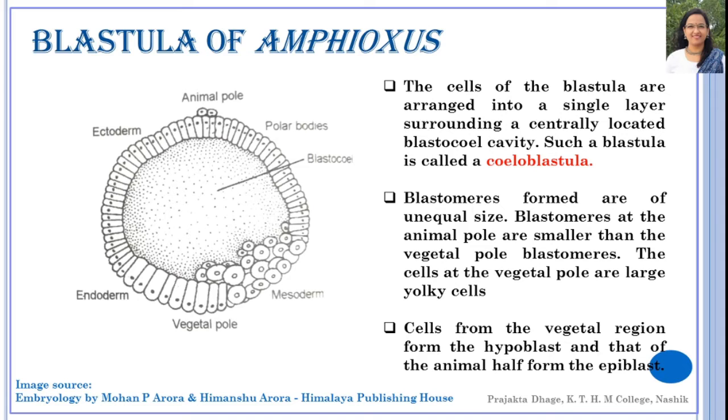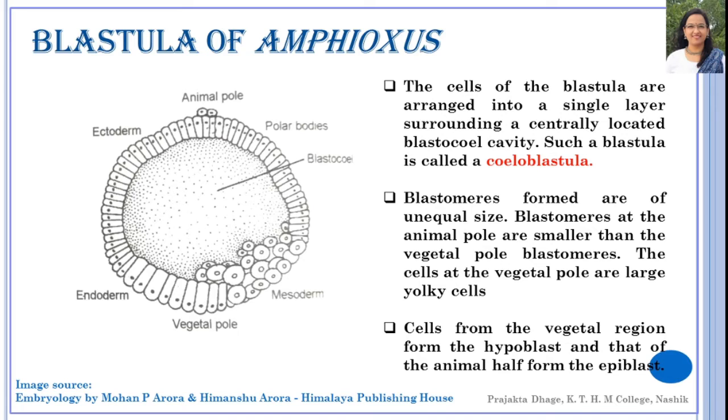Blastula is a hollow sphere of cells, which are also referred to as blastomeres. This is produced during the development of an embryo by repeated cleavage of fertilized eggs. The cells of blastula form a layer of cells called blastoderm. This blastoderm encloses a fluid-filled cavity which is referred to as a blastocele.